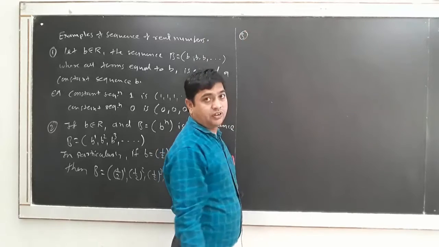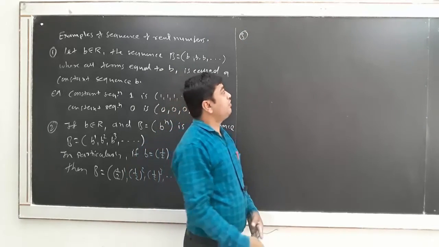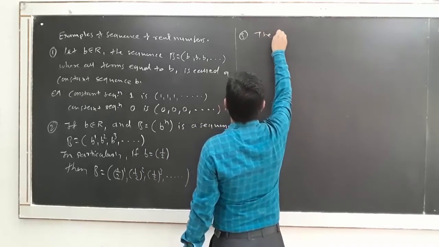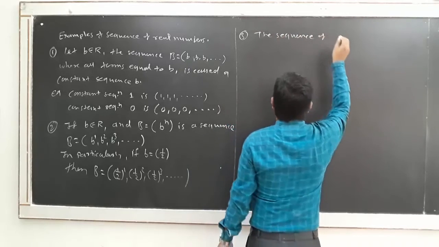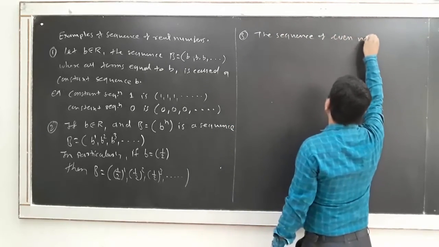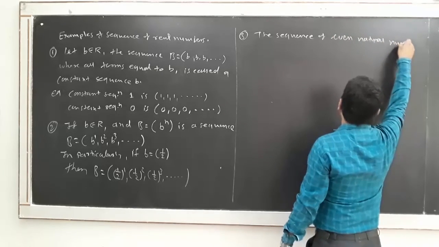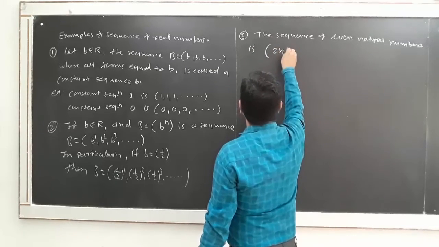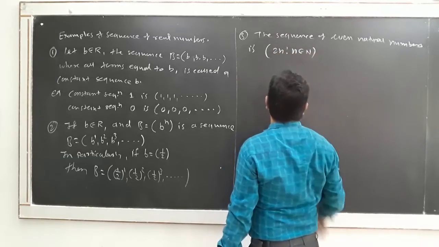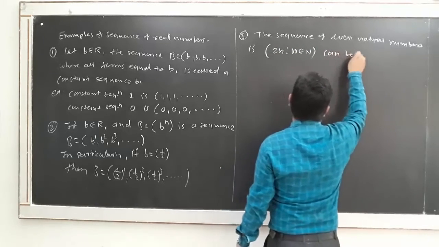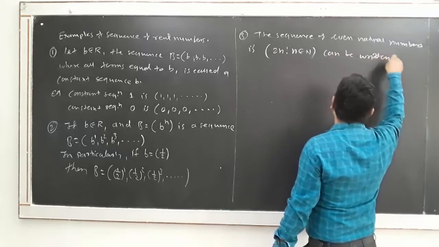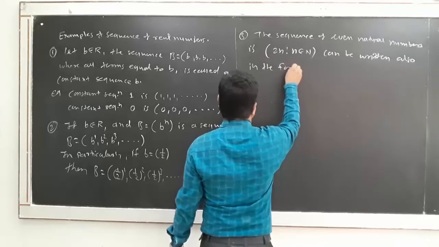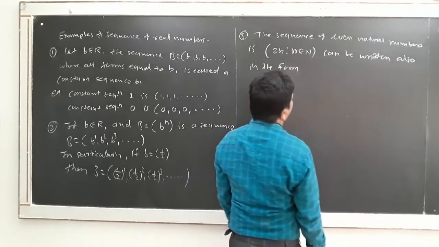Third example. Suppose we have the sequence of even natural numbers, 2n, where n belongs to the natural numbers. It can also be written in another form.